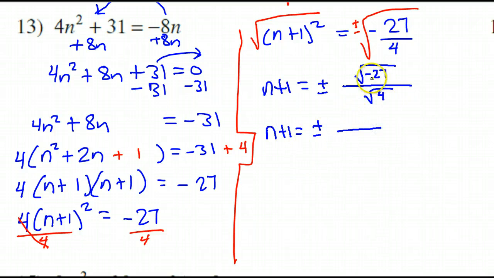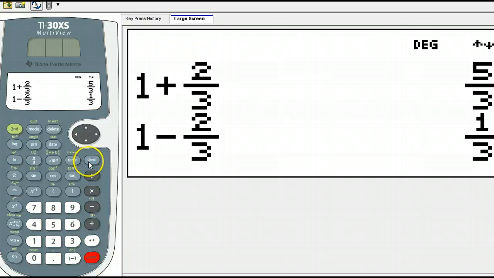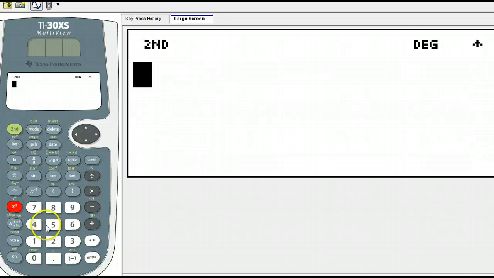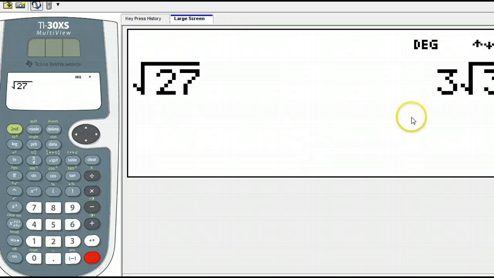Now, here in the top, that negative sign is going to come out as an i. So I have i root 27. Now, the square root of 4 is 2. So I've got 2. Now, radical 27 can be simplified. The square root of 27 is 3 radical 3.